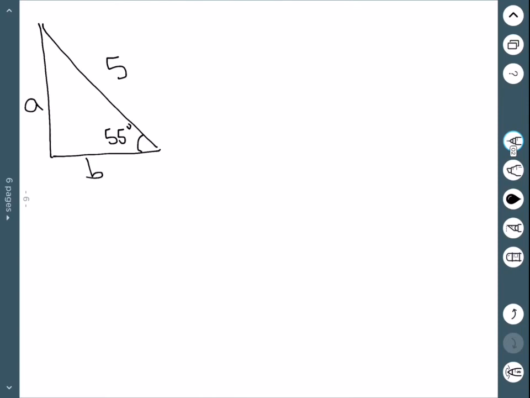In reality, I've been using tangent a lot, but you can use any trig function. In this case, we want to use anything but tangent or cotangent, since that would involve both sides we don't know. I'm going to start with sine of 55 degrees, which is opposite over hypotenuse.